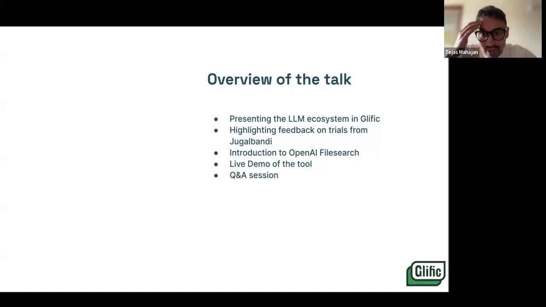I'll also share some highlights, like the feedback that we have got on the Jugalbandi trials and how this addresses those inputs. We'll do a quick demo of how it will work, then open the space for question and answer, and I'll be happy to figure out if we can set up some experiments or collaborate in next pilots that you may decide to run.